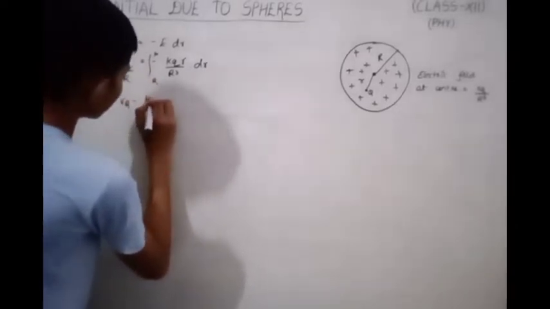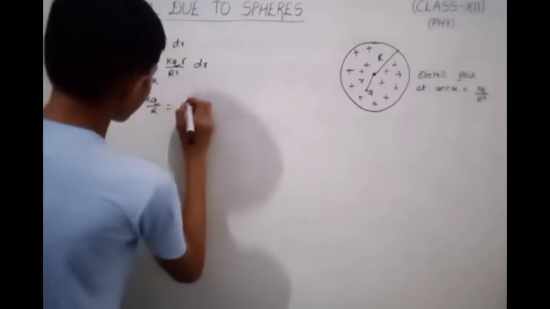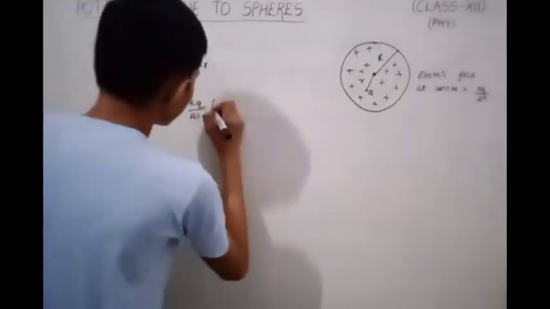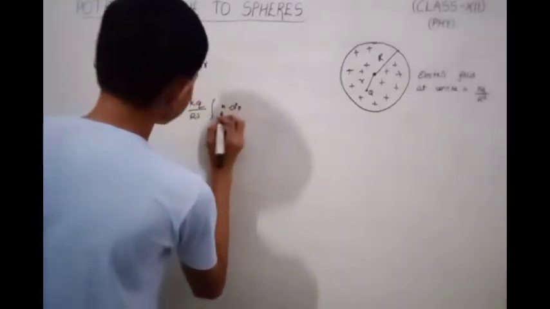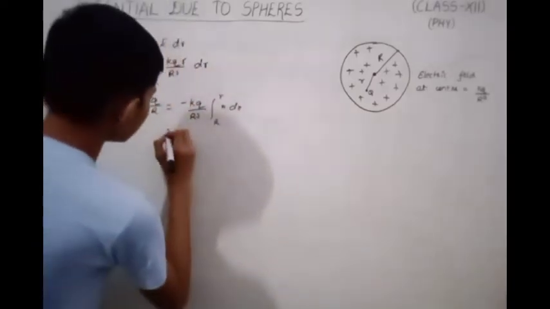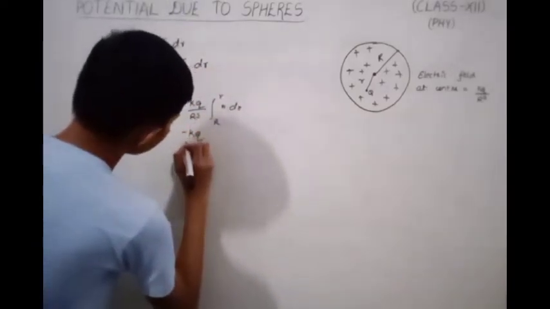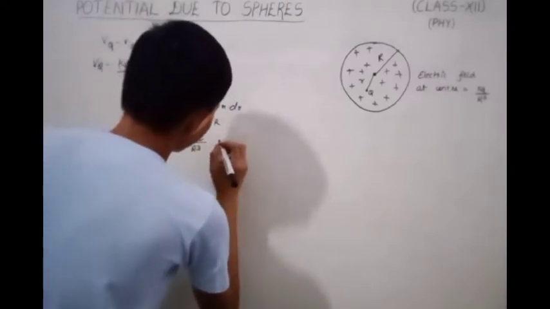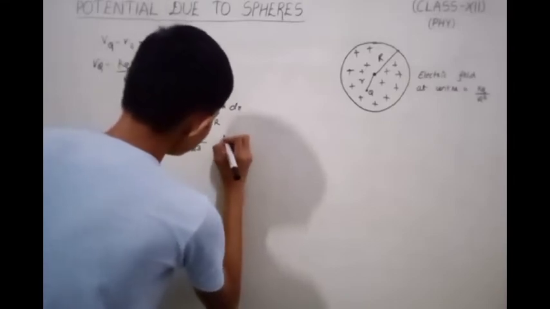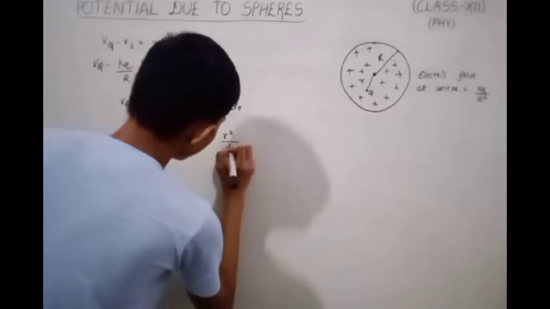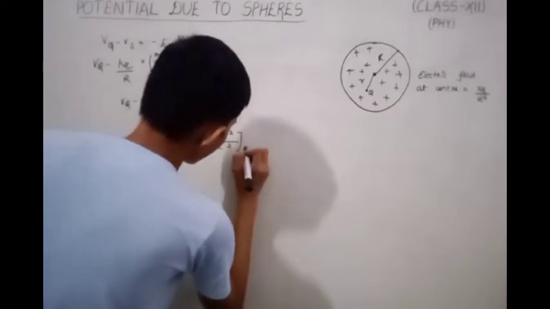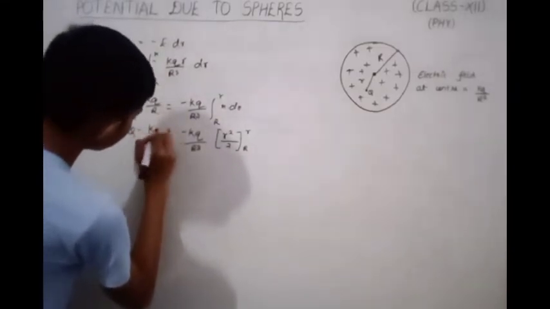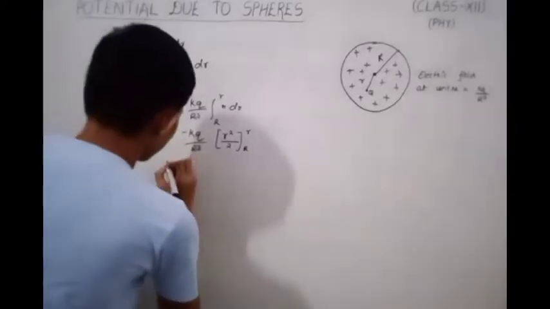And the potential at the surface is kq divided by capital R. Vq minus kq divided by capital R equals minus kq divided by R cube. This is constant, so bring it outside, and r dot dr from capital R to small r. This becomes minus kq divided by R cube, and we are integrating to get r square divided by 2 from R to small r.